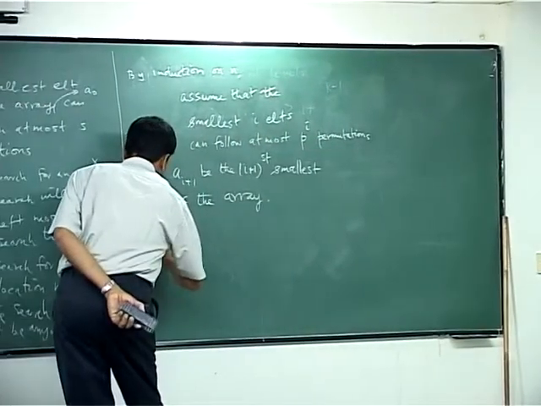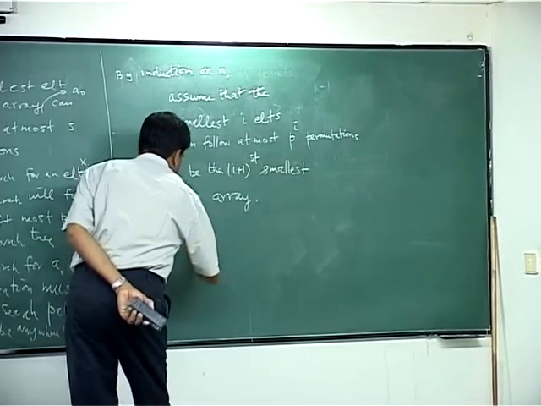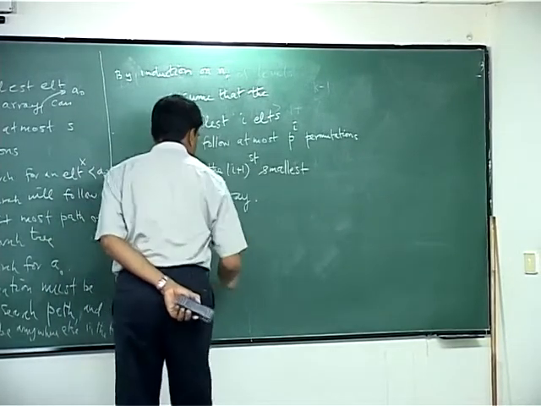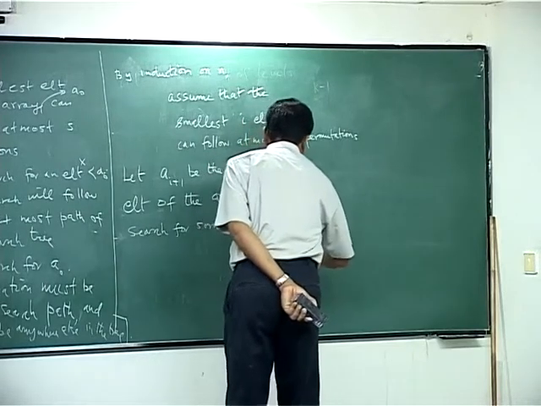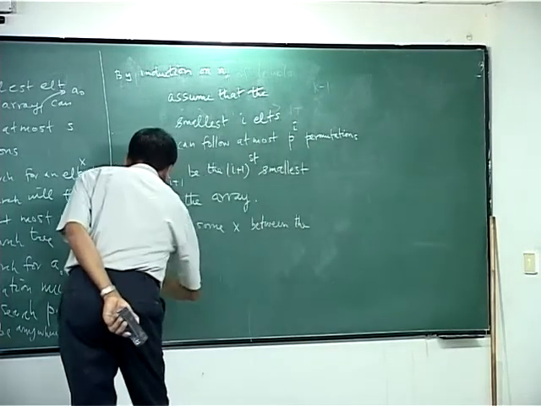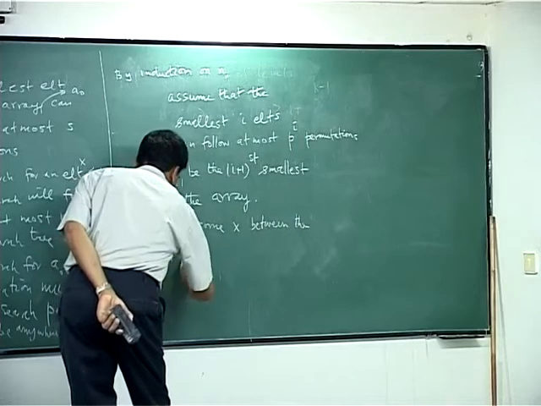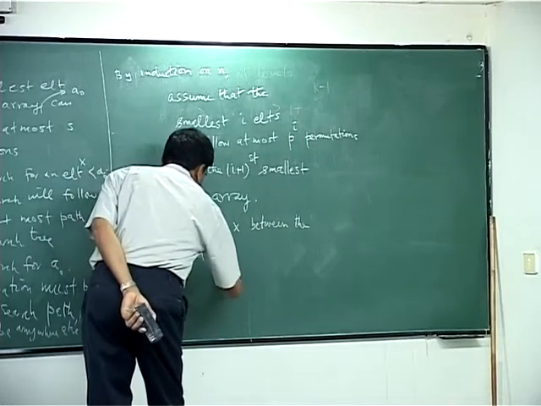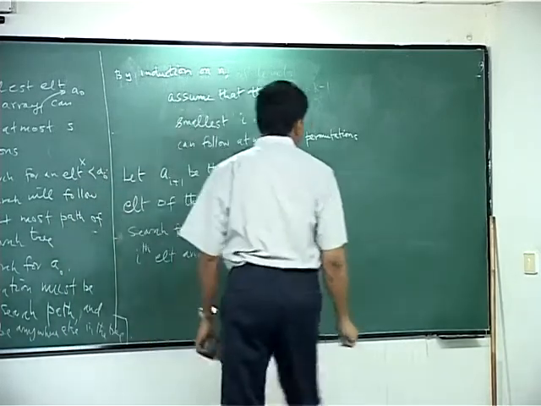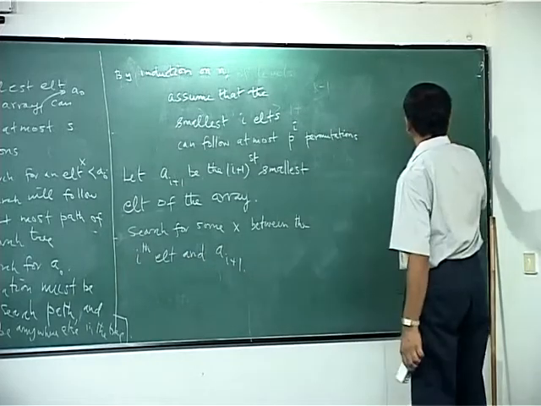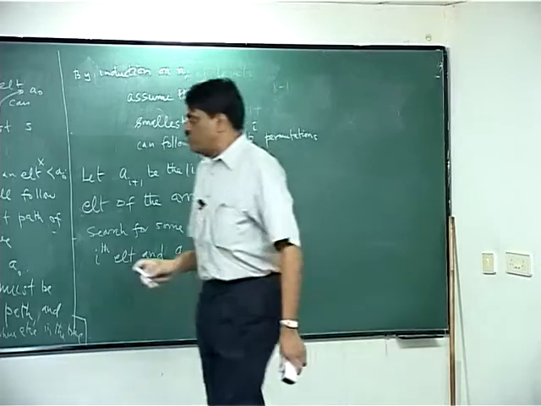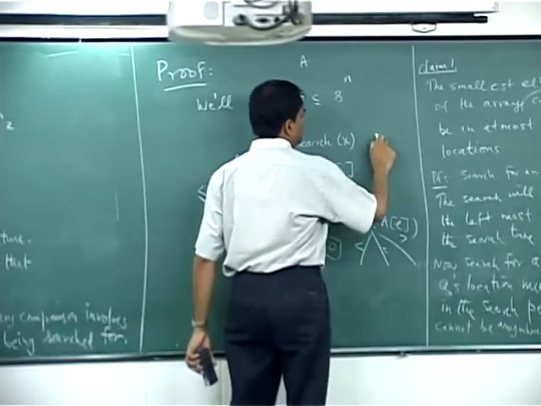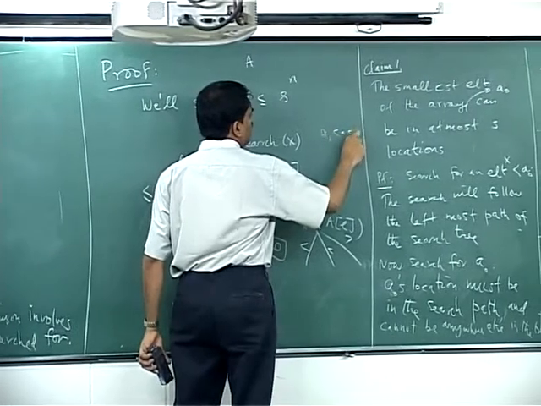search for some x between the ith element and a i plus 1. Okay, so, in my search tree, which is basically like this, I am looking for some x which is between a i and a i plus 1.